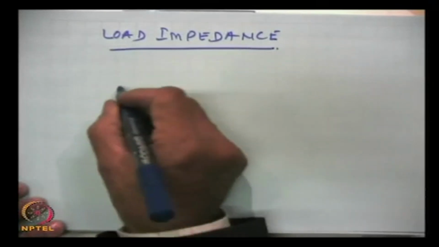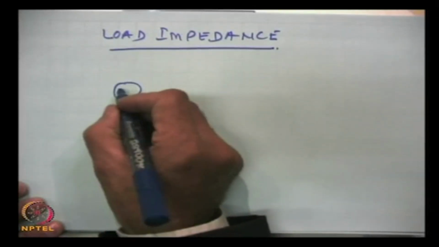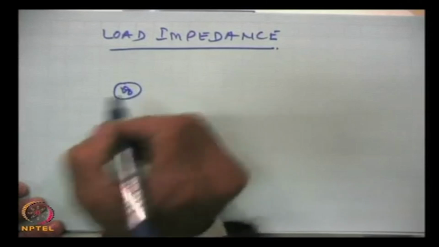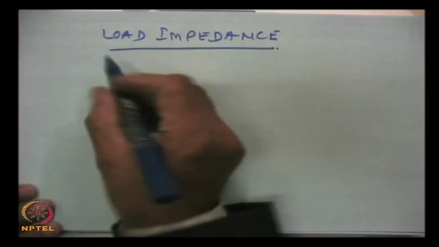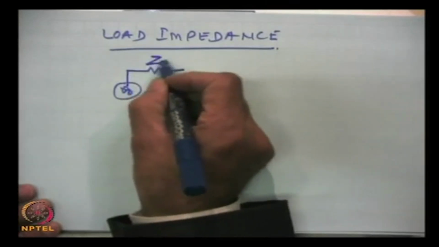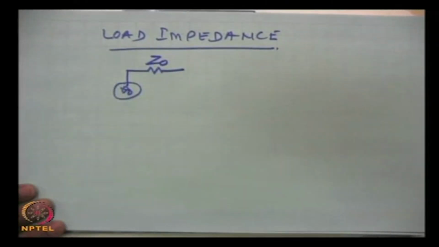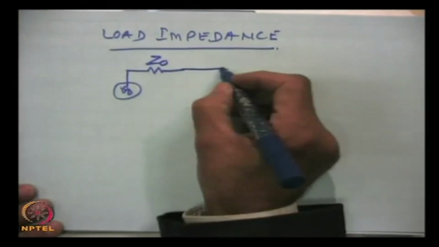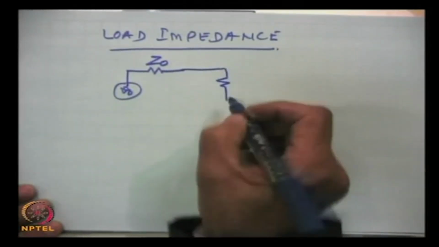The output of the amplifier will give the output V0, and every amplifier has an output impedance which we are writing as Z0. Now, to this we connect the load.